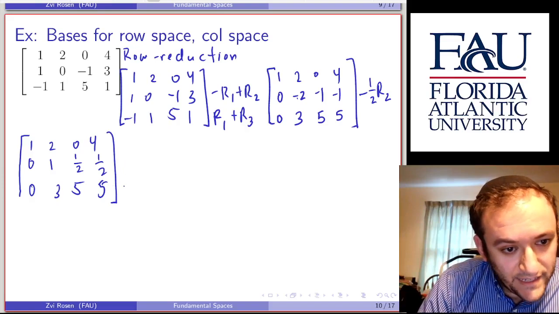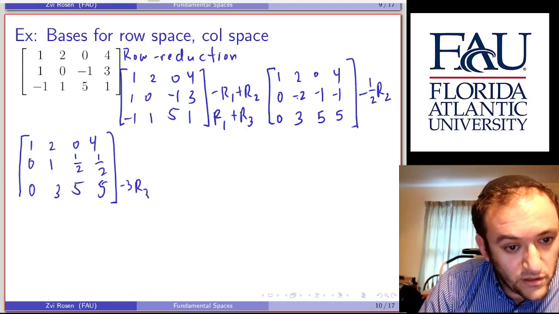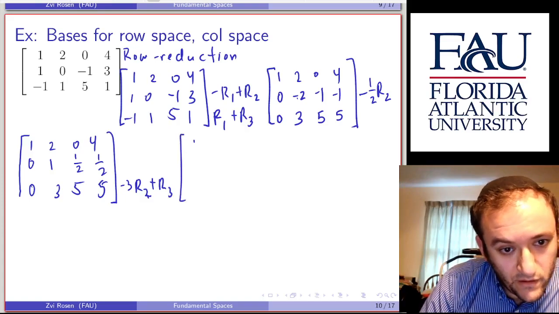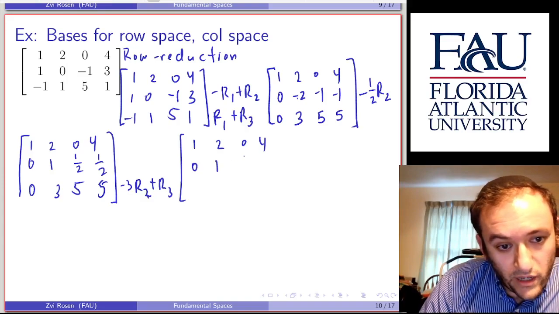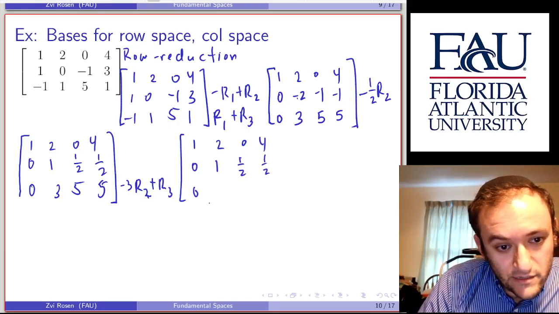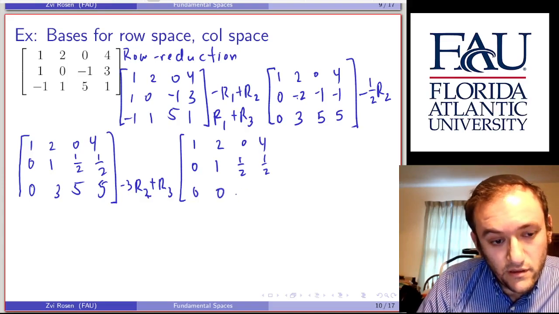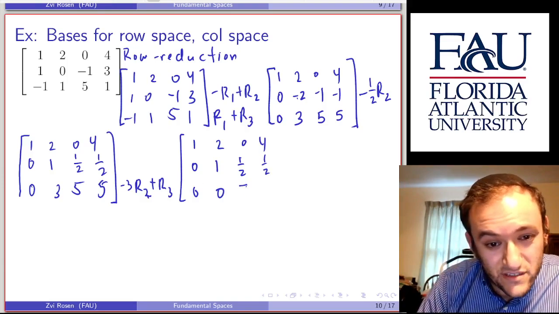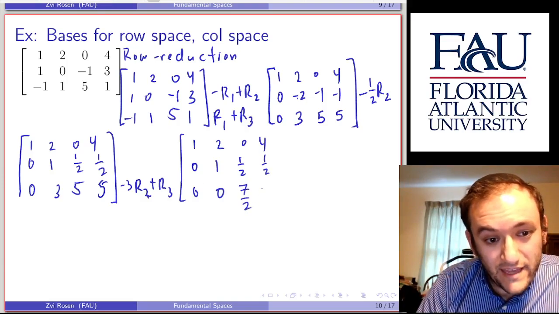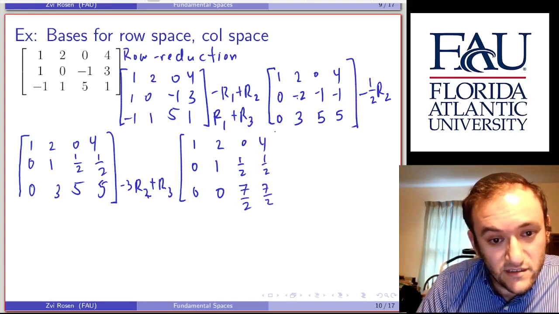So let's add minus 3 times row 2 to row 3, and we get 1, 2, 0, 4, 0, 1, half, a half, and 0, 0. 5 minus 3 halves is 10 halves minus 3 halves, or 7 halves. Same idea, this is also 7 halves.